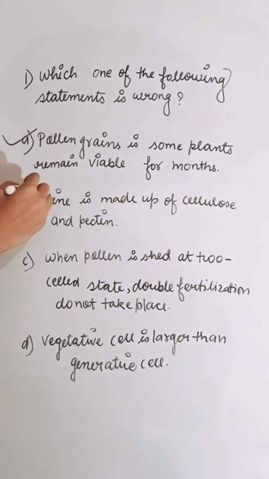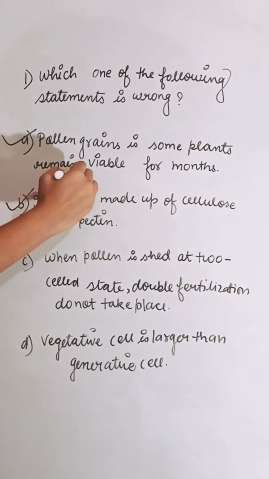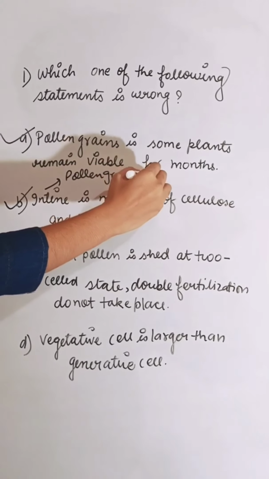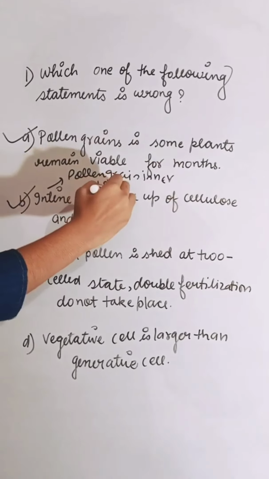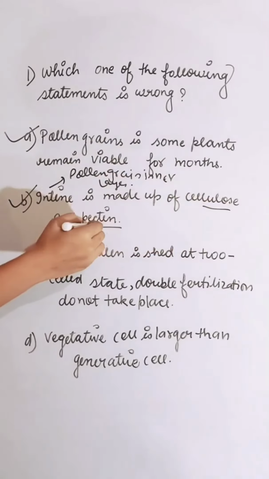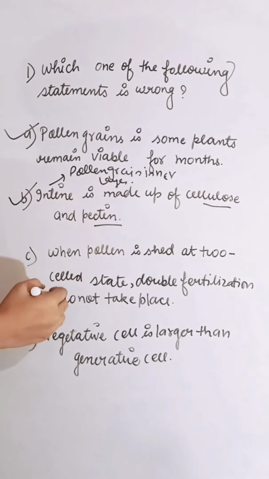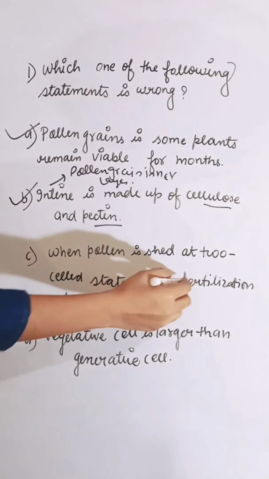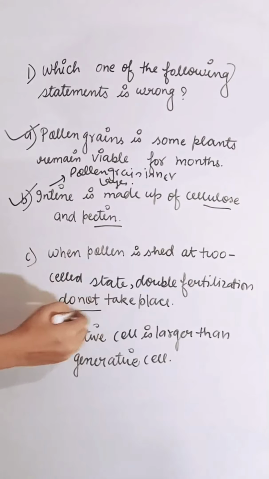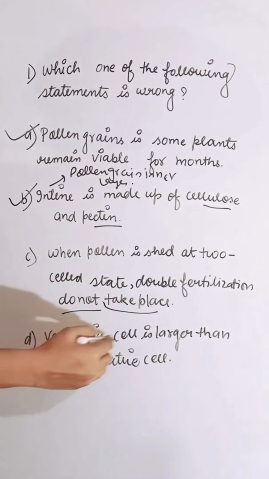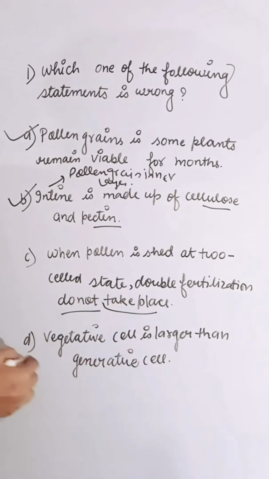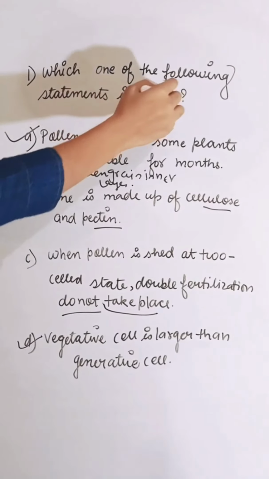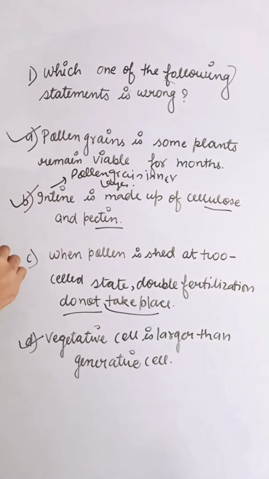Intine is the inner layer of the pollen grain, which is made of cellulose and pectin. But the third statement is wrong, because when pollen grain is shed at the two-cell stage, double fertilization does take place. The vegetative cell is larger than the generative cell, which is also correct. So we have to find the wrong statement. Statement C is wrong. So the correct answer is C.